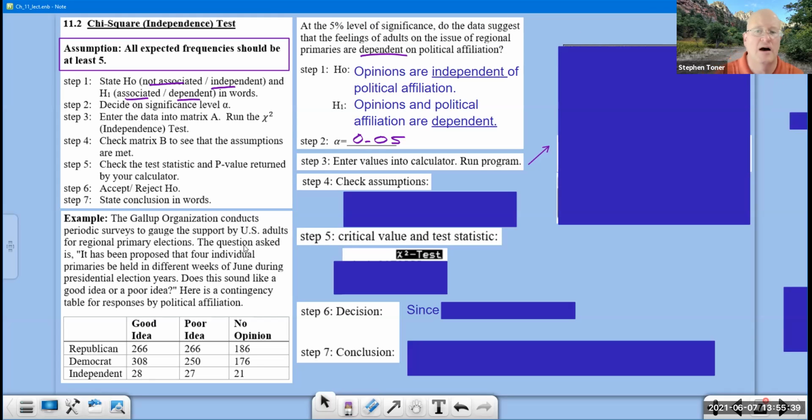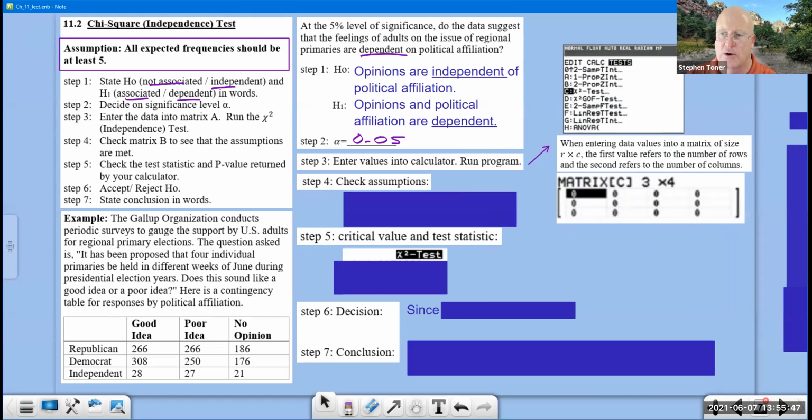And now we've got a whole new procedure of entering our values into a matrix category of our calculator. So I'm going to talk through what I've got right here, but if you want to pause and read it, that's fine. We are going into a new area in our calculator.